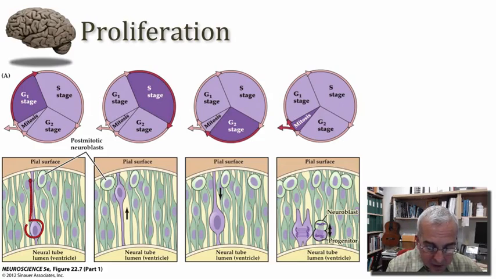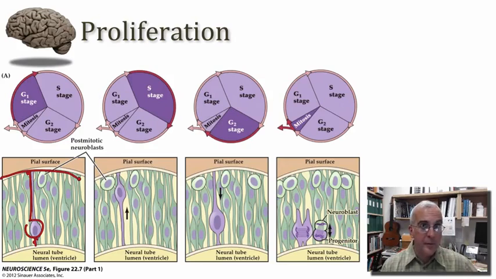And that cell body then grows a process that makes contact with the inner and the outer surface of this wall of the developing neural tube. The outer surface will become the pial surface of the brain, and the inner surface is, of course, the inner surface of the neural tube that goes on to differentiate into the ependymal lining of the ventricles in the human brain.